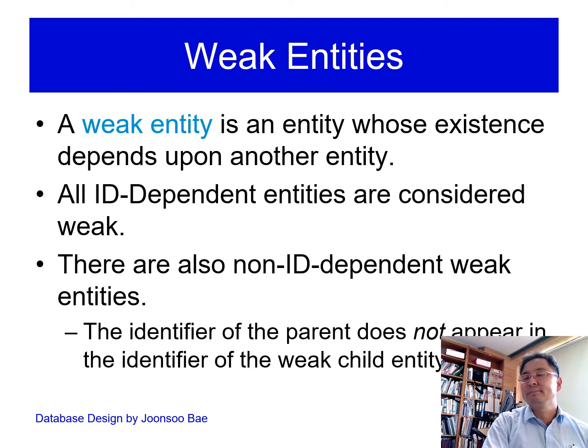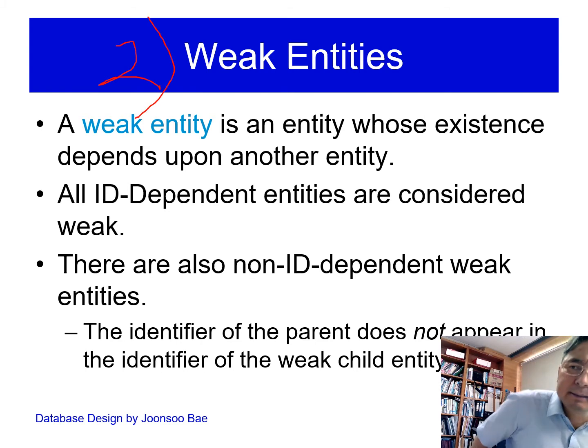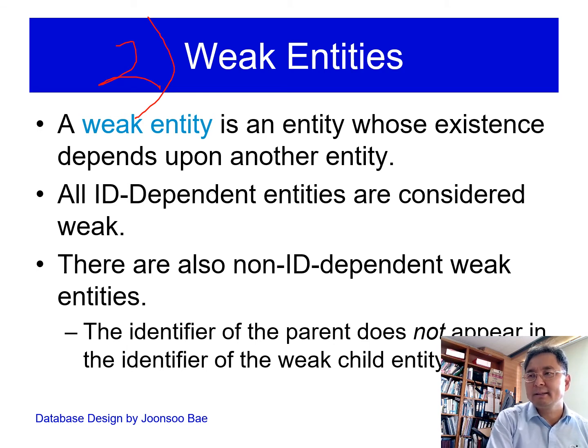The second entity type is the weak entity. A weak entity is another type of entity in ER diagrams. A weak entity is an entity whose existence depends on another entity. It is a very similar concept to the ID dependent entity.